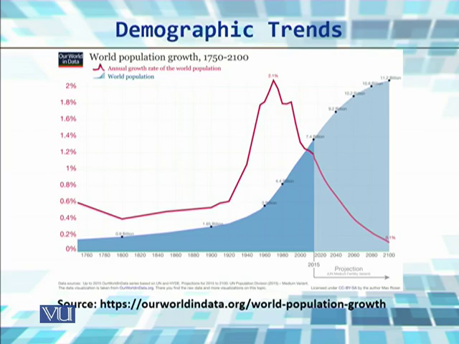And the rate of growth of the population was barely 0.4%. However, the current population of the world stands somewhere around 7.6 billion people, and the rate of growth is also something like 1% to 1.2%.